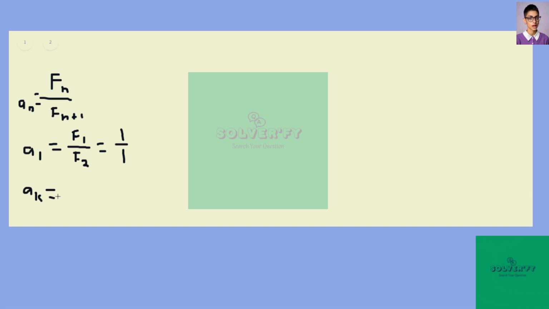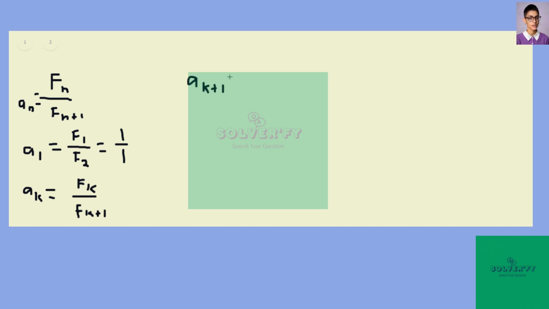Next, we're going to go ahead and do the kth term. And we're going to assume this to be true, where we just plug in k for n. We're going to assume that this is true for the kth term, that it'll be the kth term of the Fibonacci sequence over the k plus 1 term of the Fibonacci sequence. And so, knowing that, let's try to do the k plus 1 term, and then we will be done.